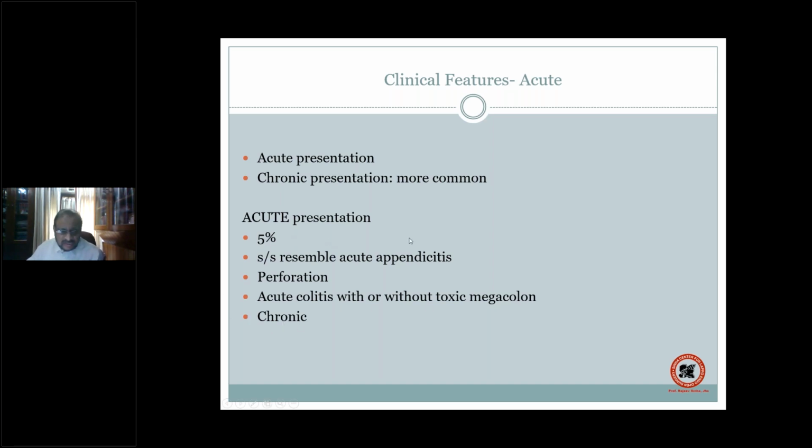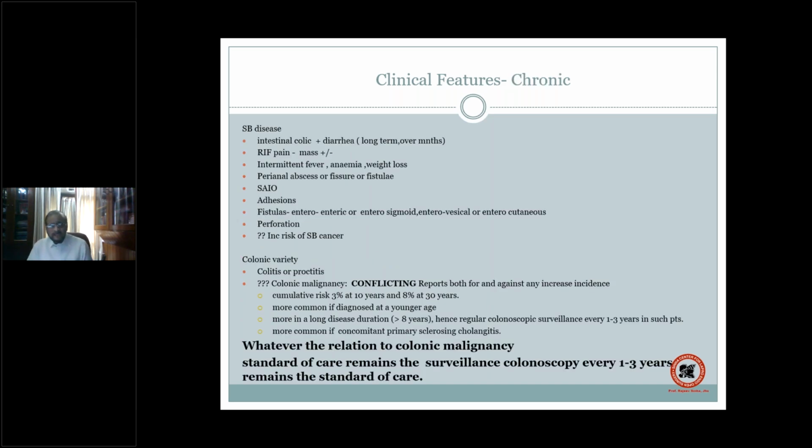So the acute presentations are important in the form of either mimicking acute appendicitis, mimicking acute intestinal obstruction, mimicking actual perforation, or mimicking a toxic megacolon. Now, the presentations would differ whether it is the small bowel or the colonic manifestation.